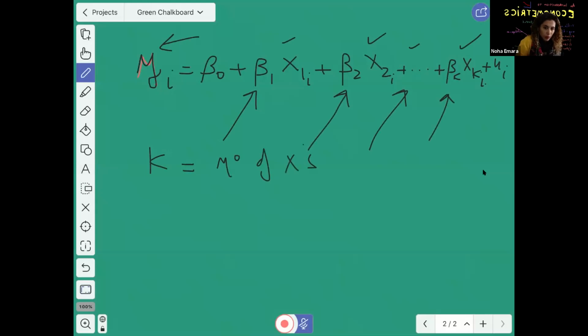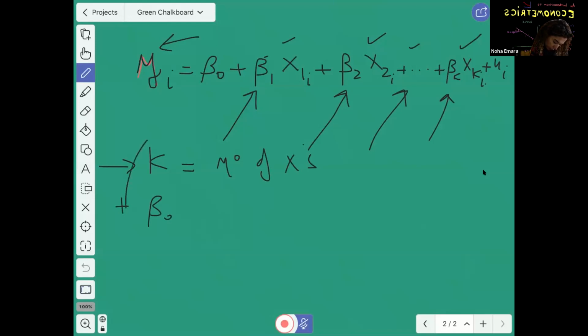Okay, and the total number of coefficients or parameters, so we call the betas coefficients, we call them parameters because these are actually constants. So the number of coefficients: I have k coefficients attached to the x's plus the intercept.